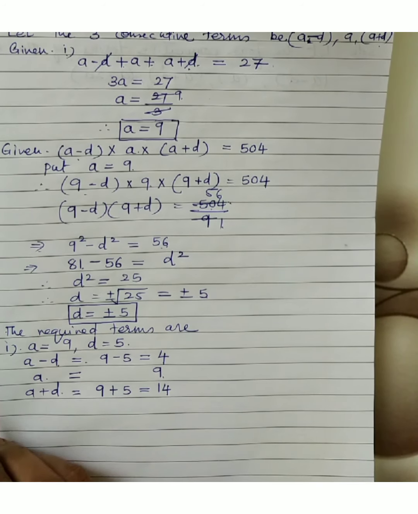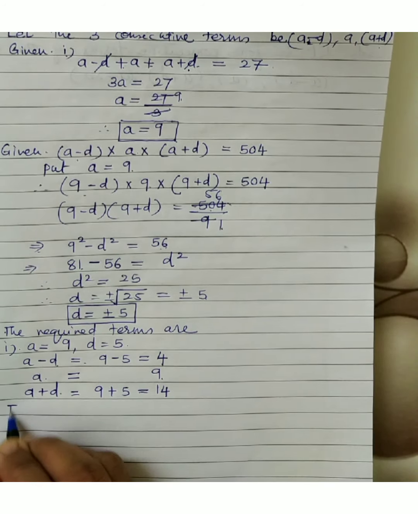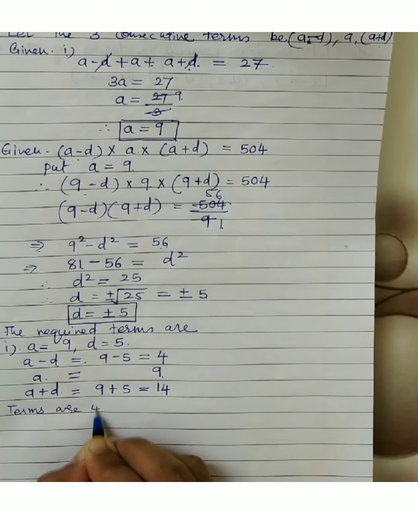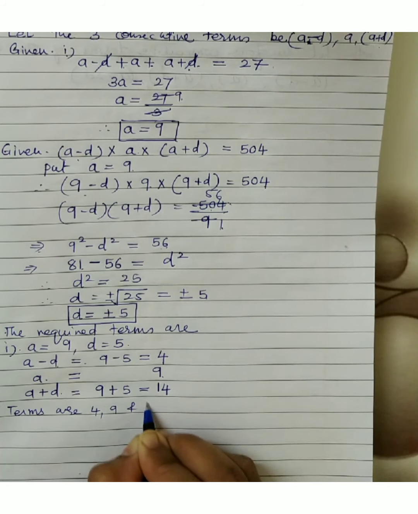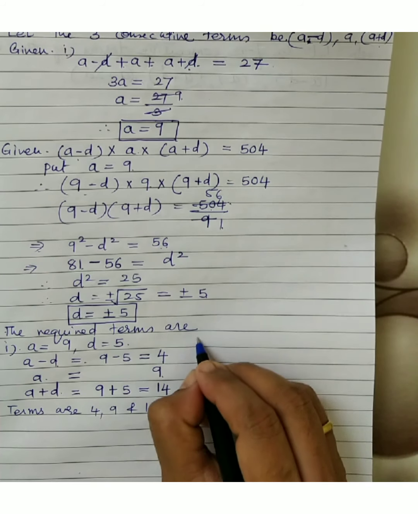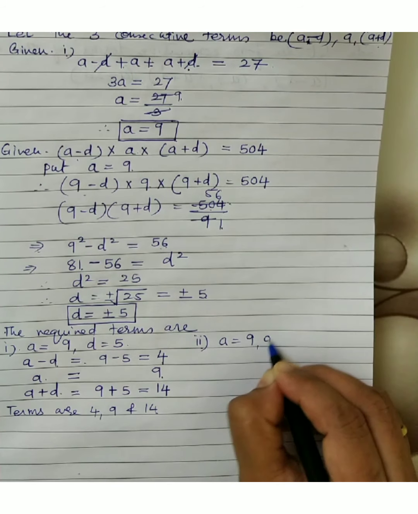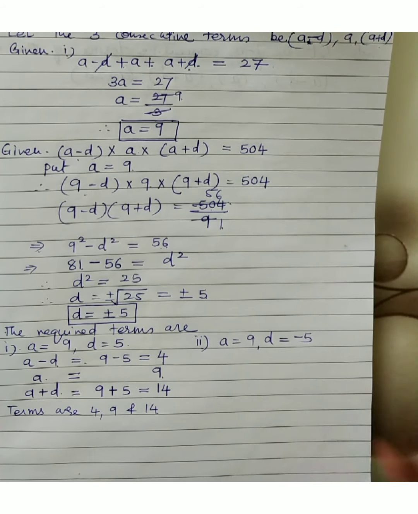Okay. So, what are the consecutive terms? The terms are 4, 9 and 14. But the second case will be what? When A is 9 but D is taken as negative 5.